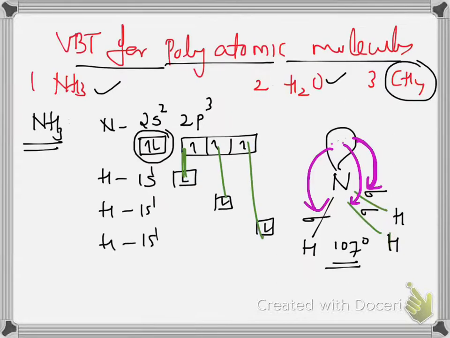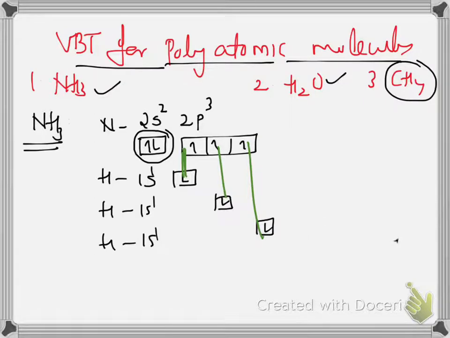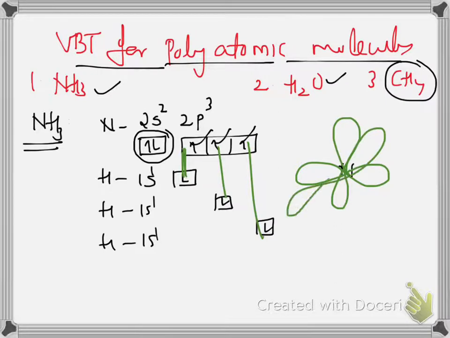Pictorial representation can be made more attractive like this. In the case of ammonia, nitrogen possesses 3 half-filled p orbitals which are mutually perpendicular to each other, along the x, y and z axes, that is px, py and pz.